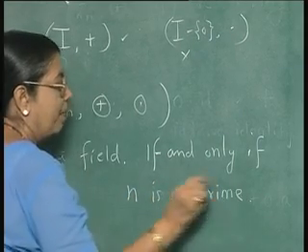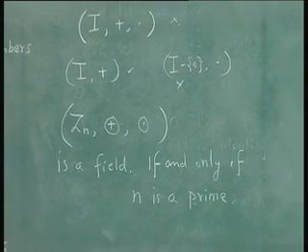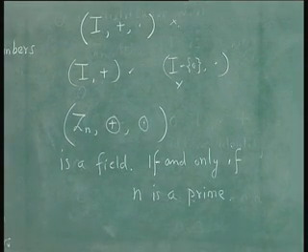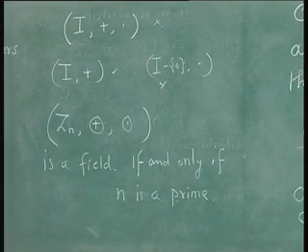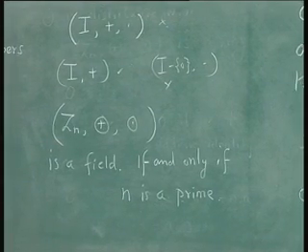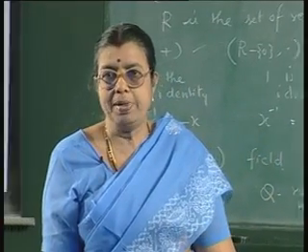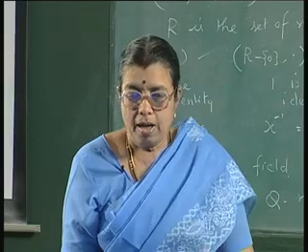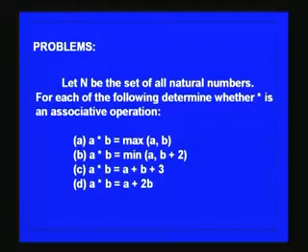If n is not a prime, certain properties will be violated and you will not be able to get a field. So, we have seen the definition of ring, integral domain and field and some examples. Next, we shall consider a few problems.